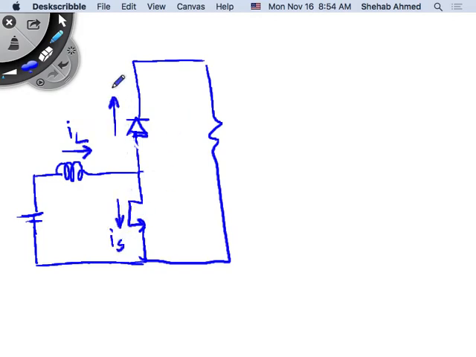This is diode current. Switch current is always going to be D times IL. The switch will always be like that. And the diode current, in this case, will always be 1 minus D times IL, right?